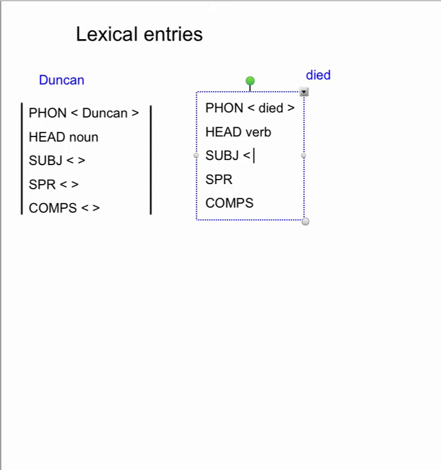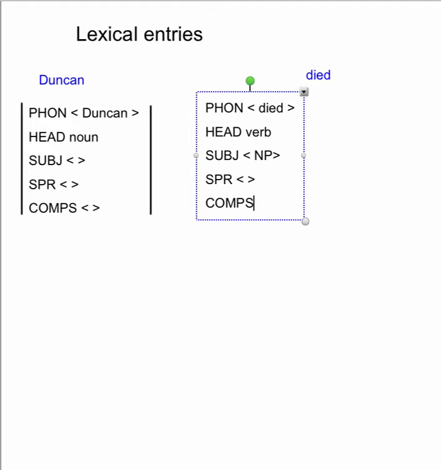We have a list as the subject value. Since we do need a subject, the list cannot be empty. In this case, it has one element on it, and that element is a noun phrase. We said by convention that in this class, verbs don't take specifiers. So we have an empty specifier list.